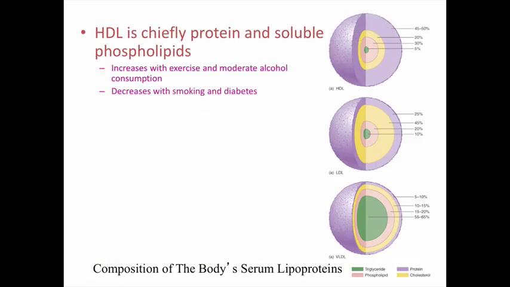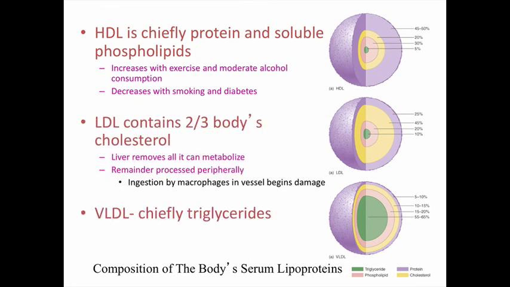Here's kind of a visual on this whole cholesterol situation. We've got HDL, LDL, and VLDL on this picture, and you can see when you look at the graphic that purple represents protein, yellow represents cholesterol, that pinkish color represents phospholipid, and the green represents triglycerides. So you can see HDL has the lowest amount of triglyceride. It has the highest amount of phospholipid.